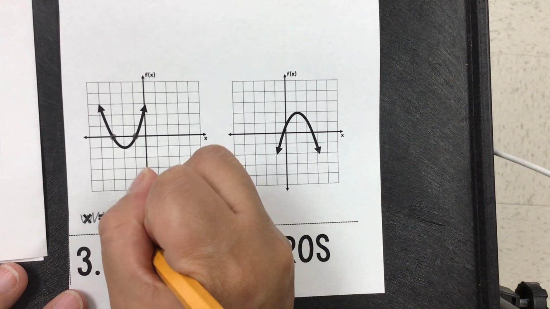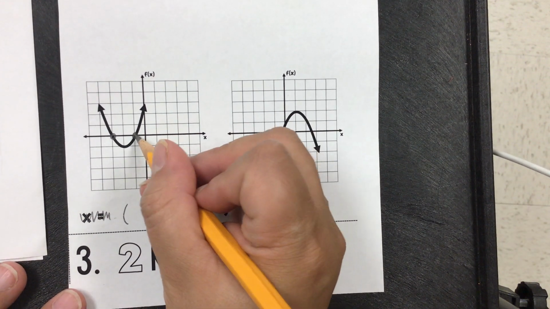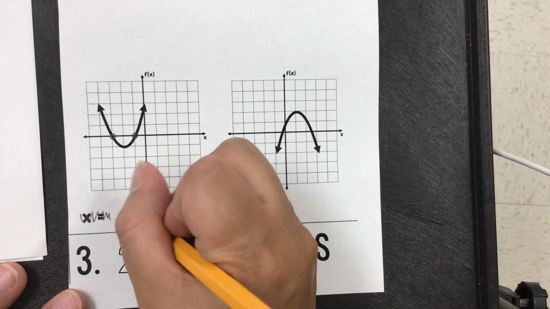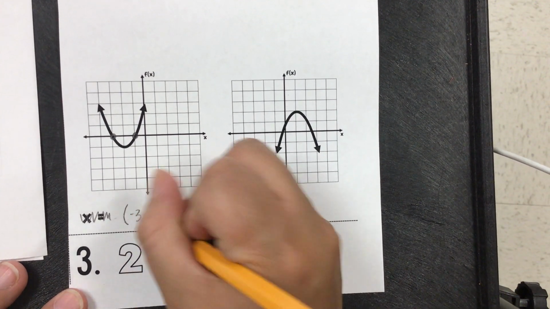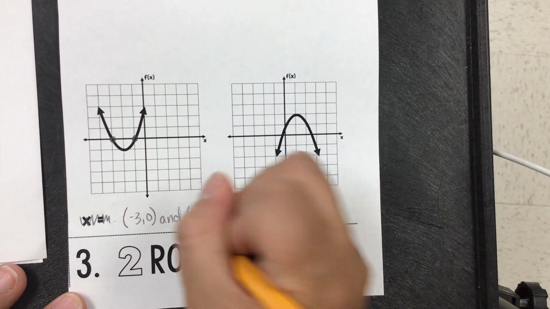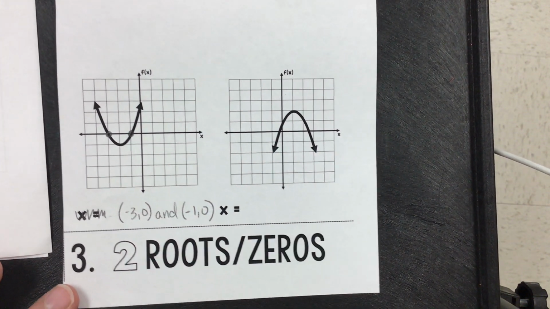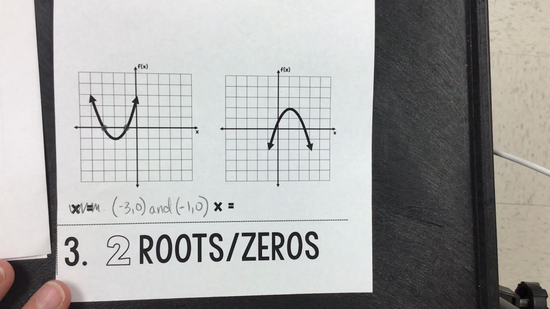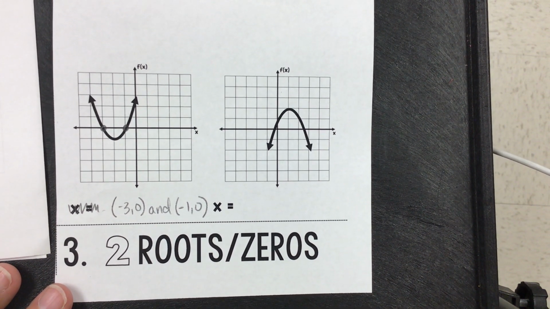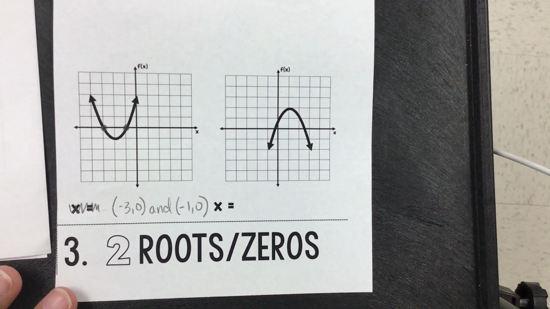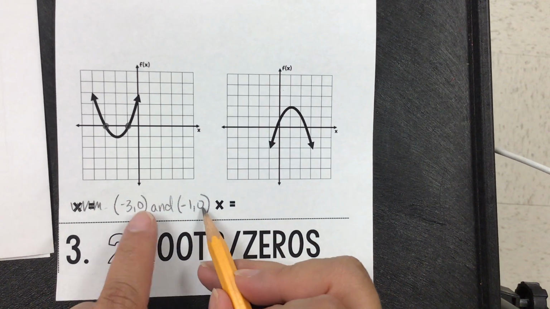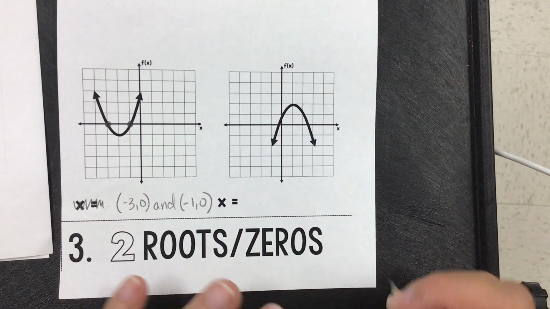Anyways, the solutions would be negative 3, 0, and negative 1, 0. And therefore, it has 2 solutions, 2 roots, 2 x-intercepts, and 2 zeros. As you can tell, they have 0 in the y value.